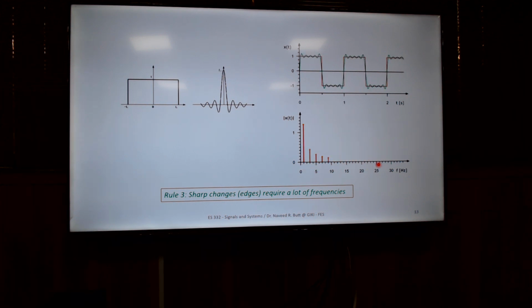Yeah, so it keeps on going. Basically that means the sharper it is in time, जितने edges ज़्यादा होंगे signal में उतनी ज़्यादा frequencies आपको चाहिए to create it, let's say most accurately. But usually we stop at some point. We say okay, this much accuracy is enough for us, so then we stop there. Yeah, okay.